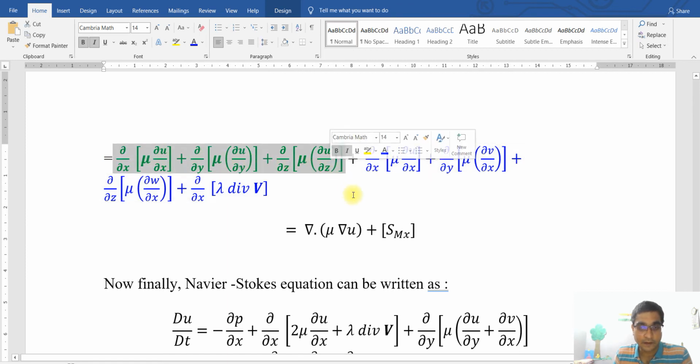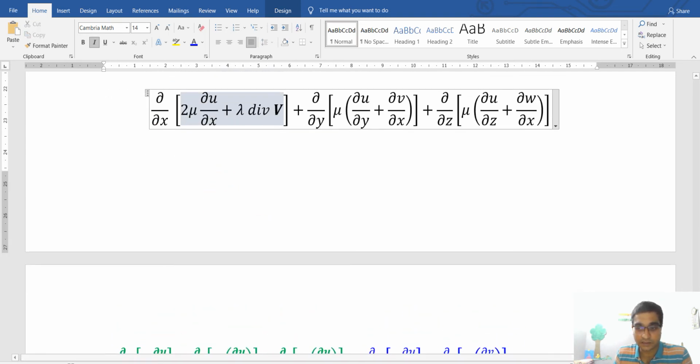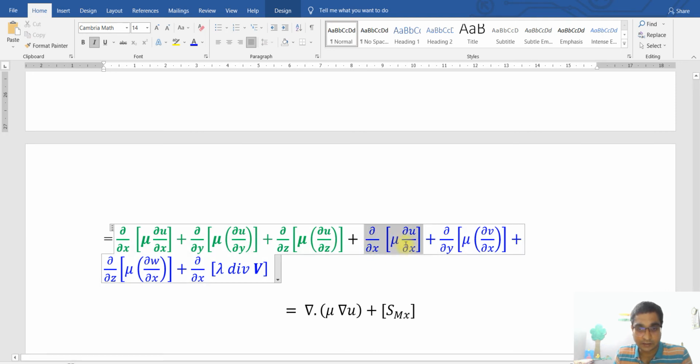Now mind that this is actually 2 times mu del u over del x. So del x of mu into del u over del x is already remaining in this term, and from this term we have one more term of mu times del u over del x with del x. So let us write here again the same term.